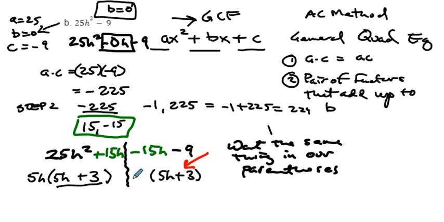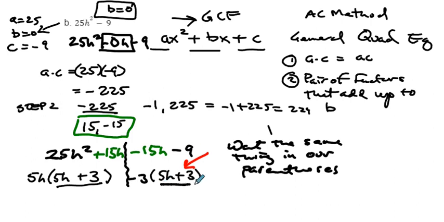Well, the only thing I can think of is negative 3, because negative 3 times 5 equals negative 15, and then the h gets tacked on. So now just make sure that the same thing works with this to get this. And negative 3 times positive 3 is negative 9. So it works for both of these. This multiplies out to give us this.